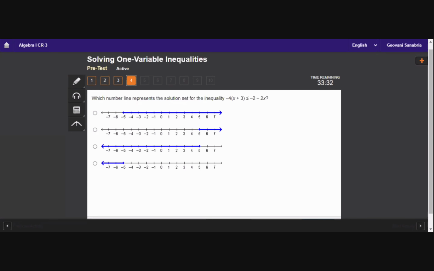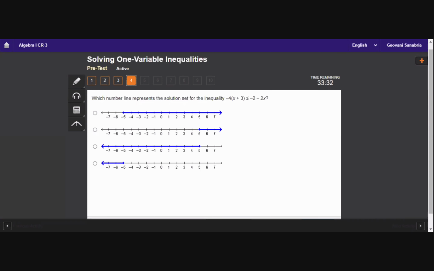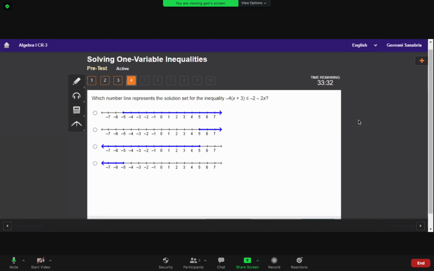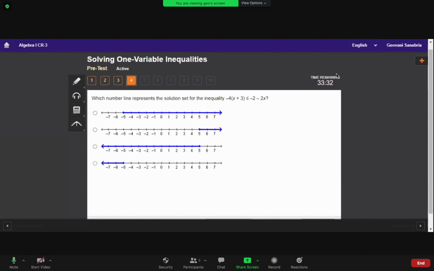Well, now can you see it? I could see the problem. It's just the time remaining is not going. It's still frozen on there? Have you tried stop sharing? Oh, 3 participants.